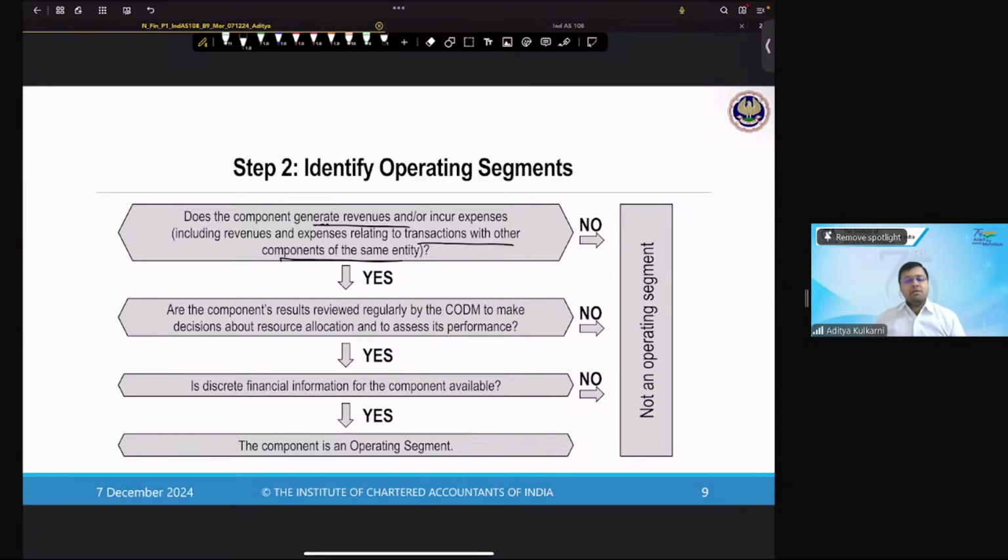So for example, let us say that Hyundai also has a spares manufacturing division. Now the spares manufacturing division of Hyundai does not sell spares to outside. Rather, it sells it to the automobile division itself. Let us assume for the time being there are no showroom concepts.